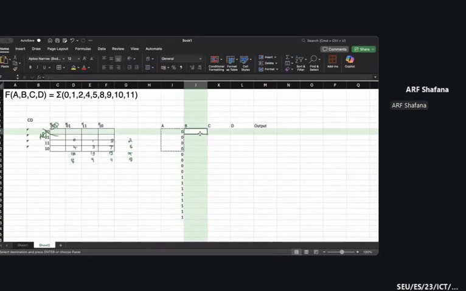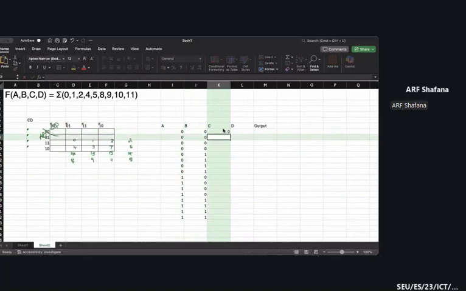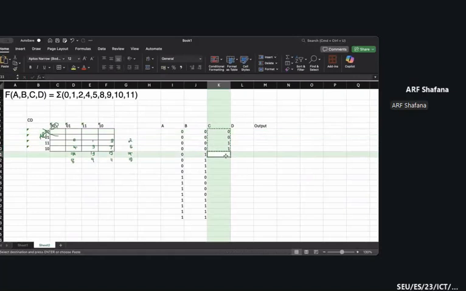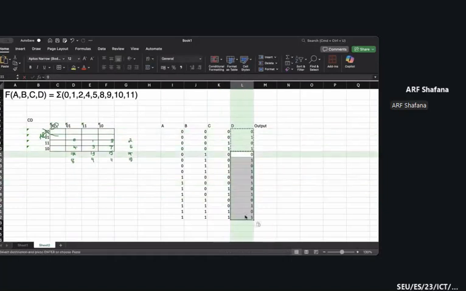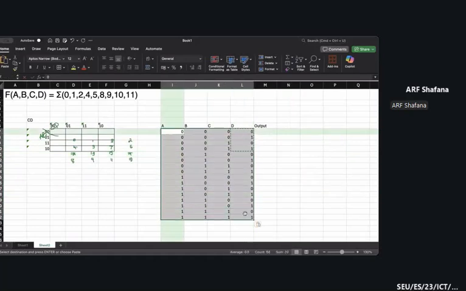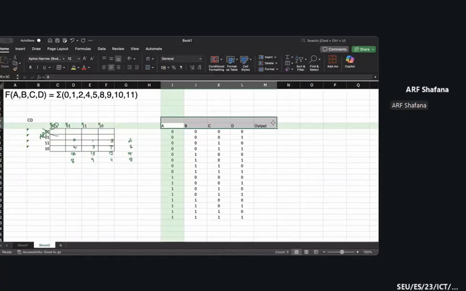Again, this is 4 times, this is 4 times. This is going to be 0, 0, 1, 1, 0, 0, 1, 1, 0, 0, 1, 1. Then here it is going to be 0, 1, 0, 1. So this is how your truth table is going to be if you're supposed to map it from here.